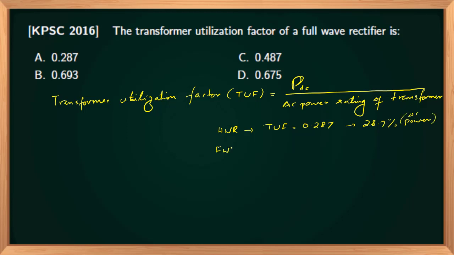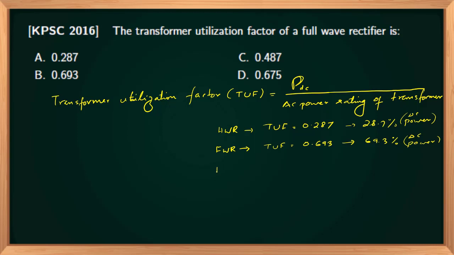For full wave rectifier with a center tapped transformer, TUF equals 0.693, that is, only 69.3 percent of power available at the transformer secondary is converted as DC power.